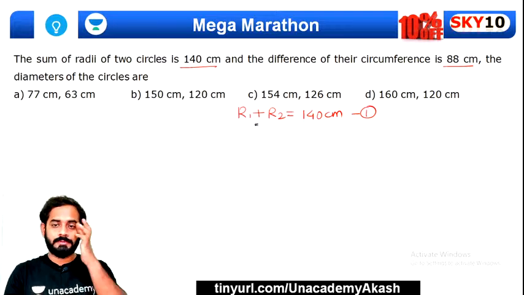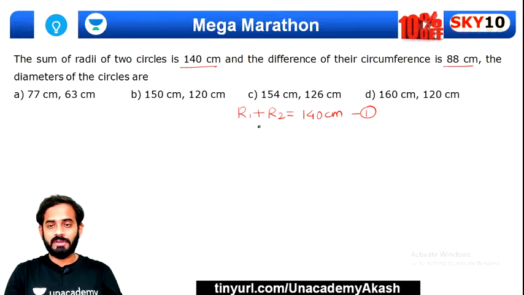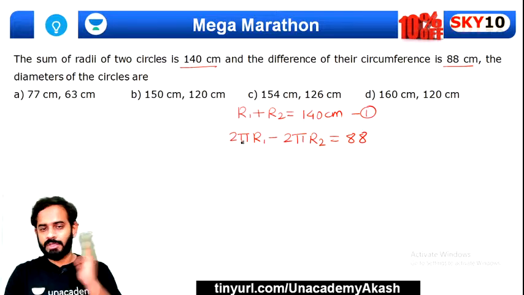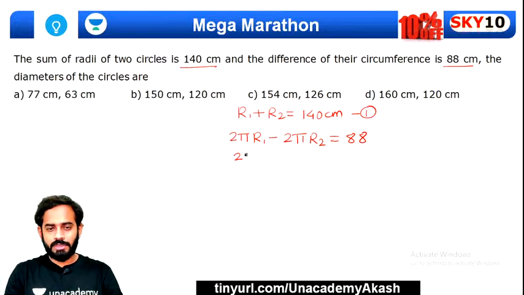Now difference of their circumference is 88 centimeter. So 2 pi r1 minus 2 pi r2 is equal to 88. Okay, let's divide this entire equation by 2 and take pi common. You will get what? 2 will get cancelled.